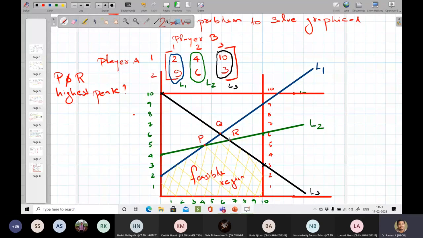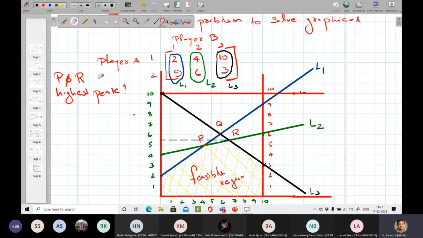So R is the highest peak, and wherever R is going to touch, that is taken as the value of the game. Here R will be touching over here.